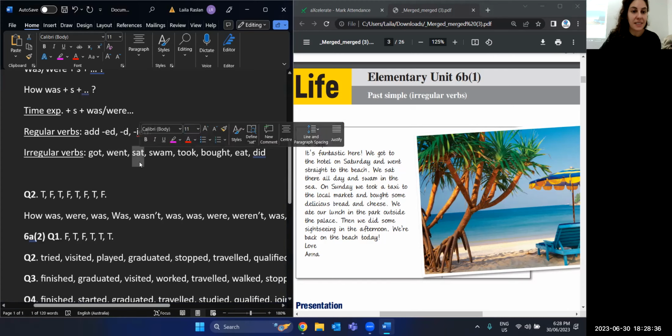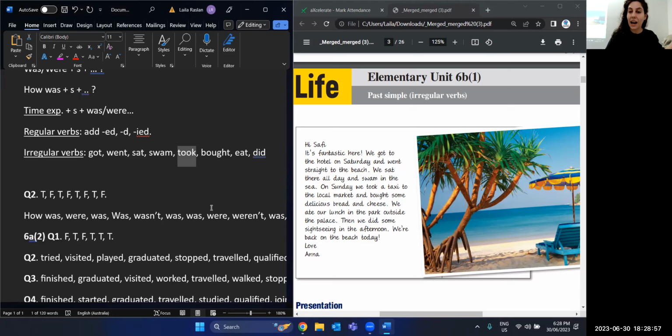Sat comes from sit. I'm sitting down now, yesterday I sat on a chair. Swam comes from swim. I swim every day, but yesterday I swam. Took comes from take. I take my car to work. Yesterday I took a bus.